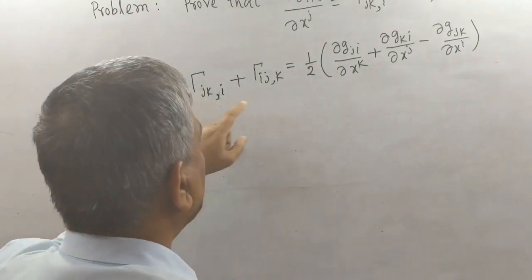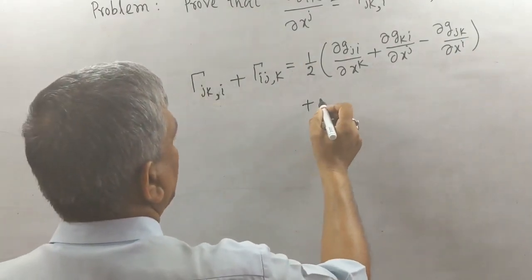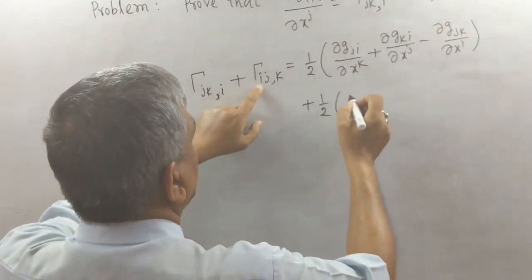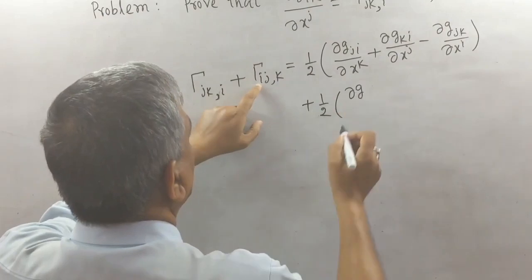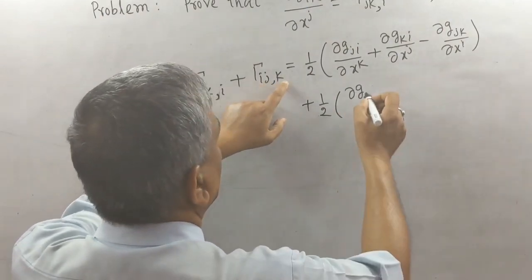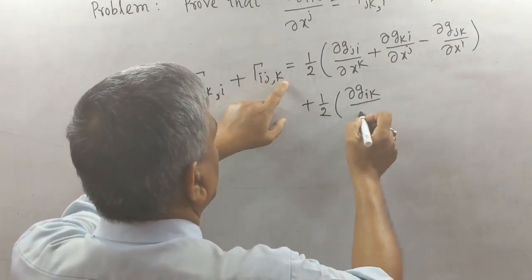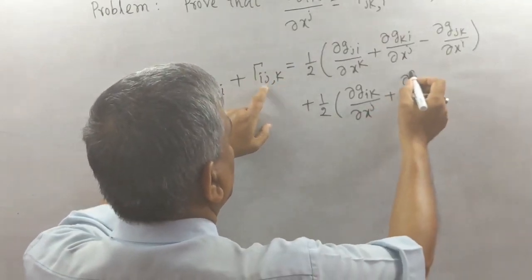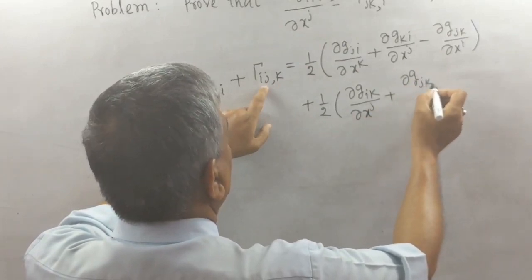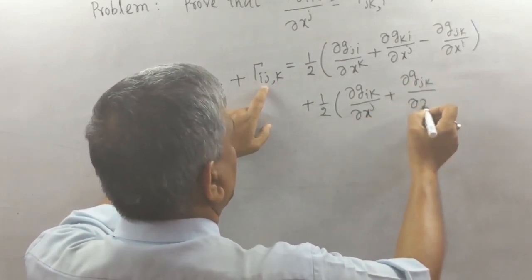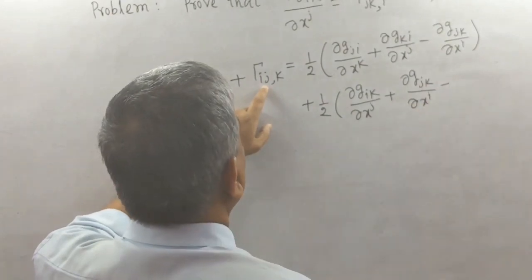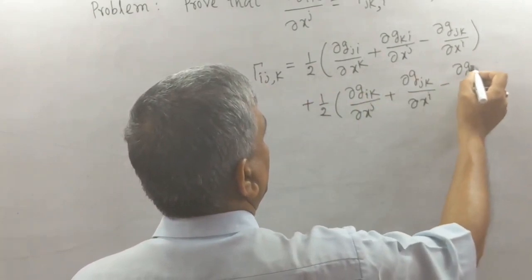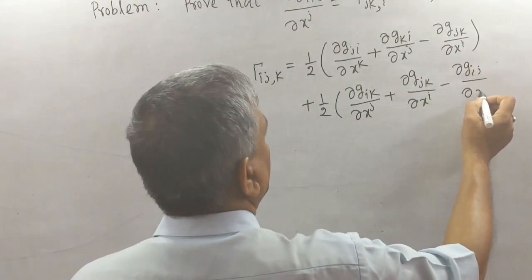This is the first, plus the second half: first write del g_ik by del x_j plus del g_jk by del x_i minus del g_ij by del x_k.